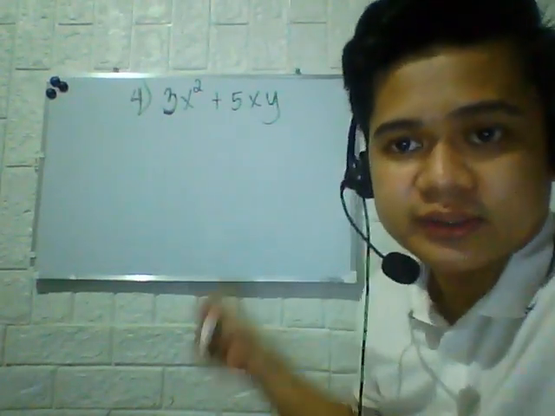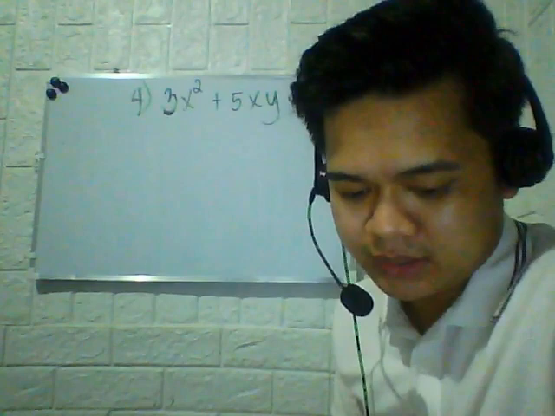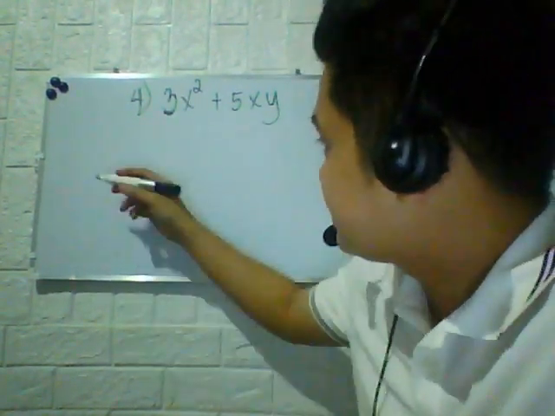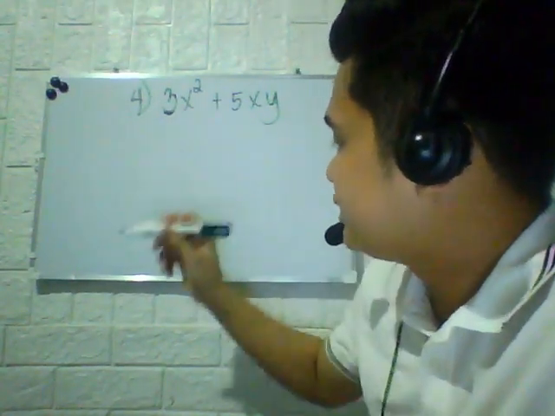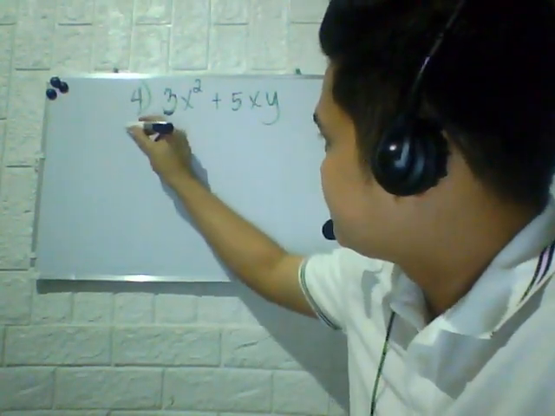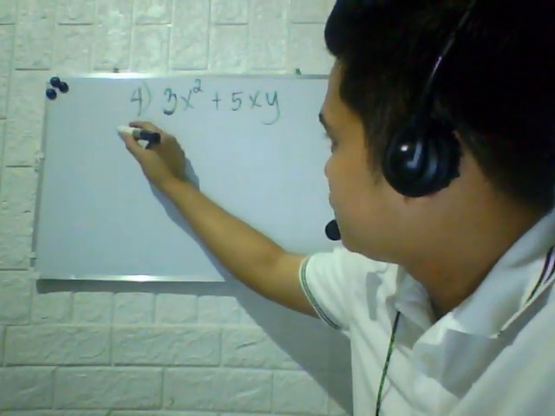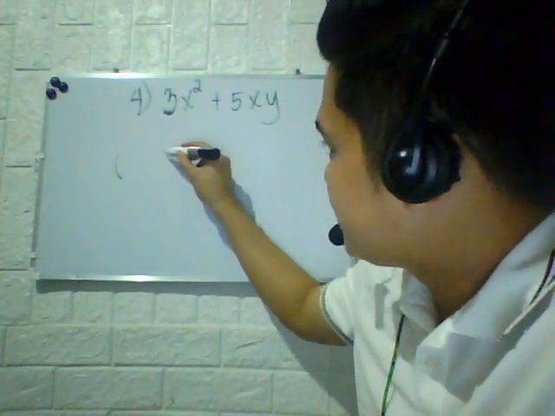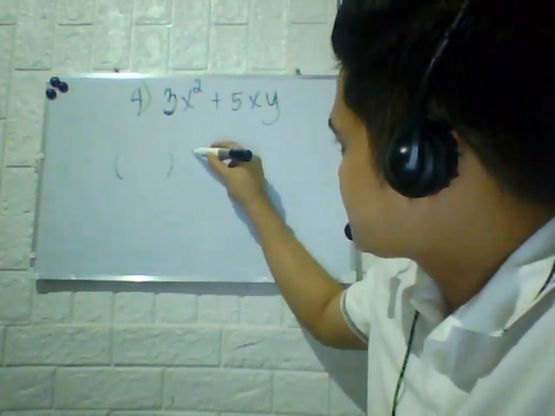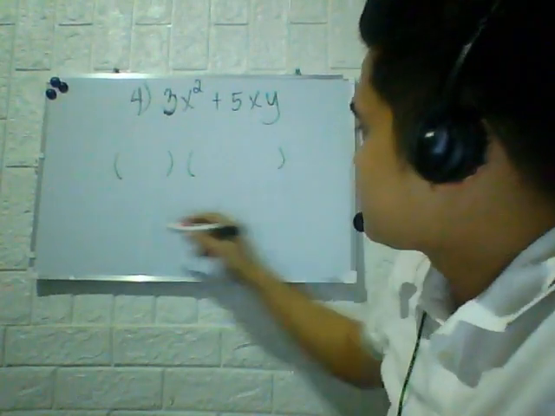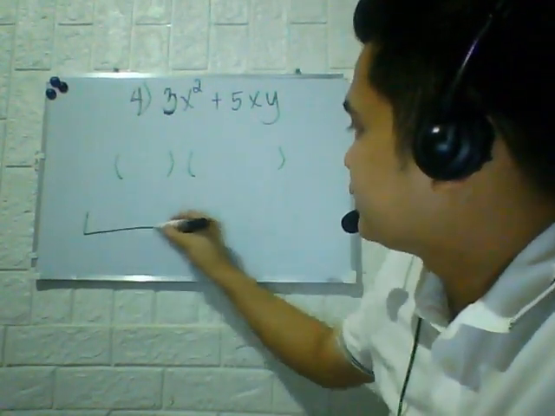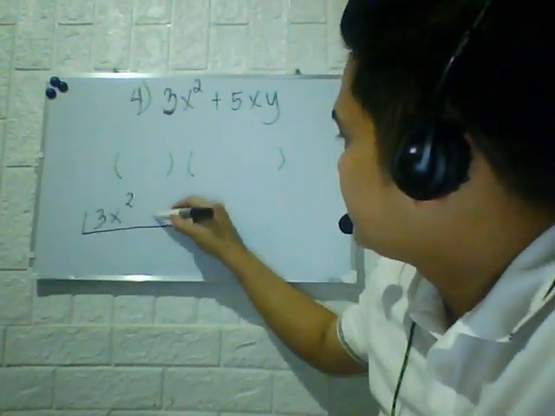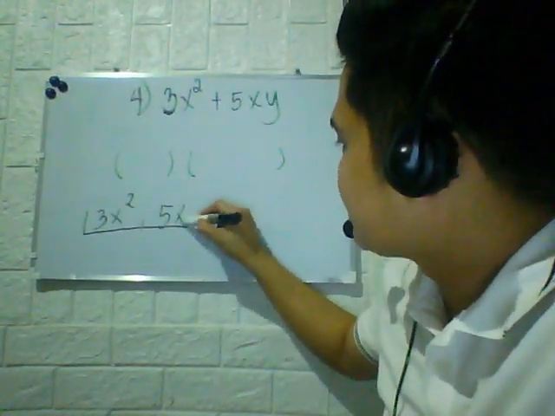Alright, let's start. I now have here my example number 4, 3x squared plus 5xy. First, let's find their GCF. Pwedeng below here, we can write the 2 pairs of parentheses already. On this side, let's put the 3x squared, 5xy.